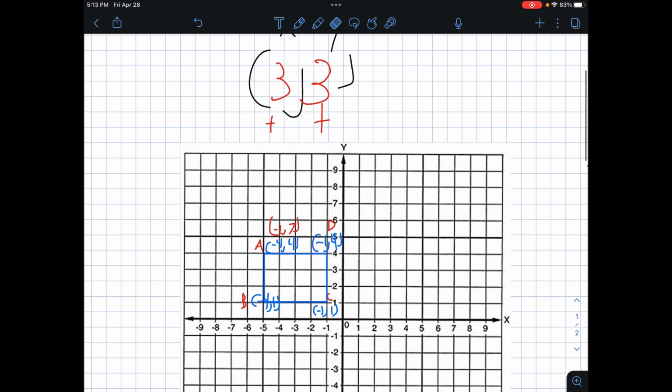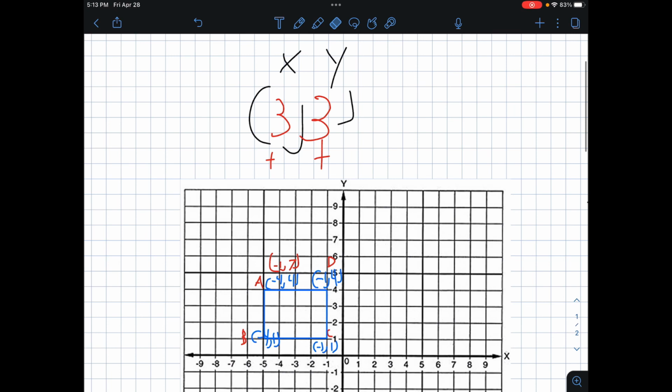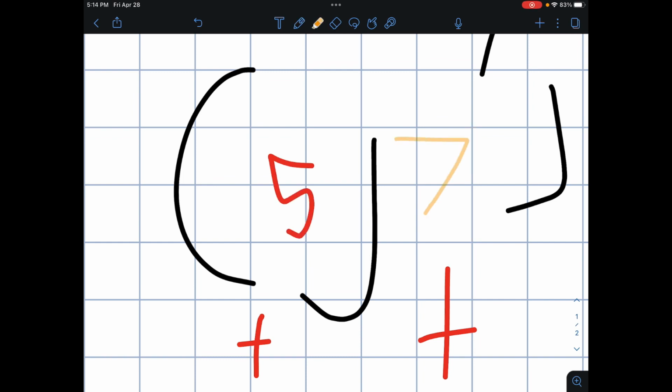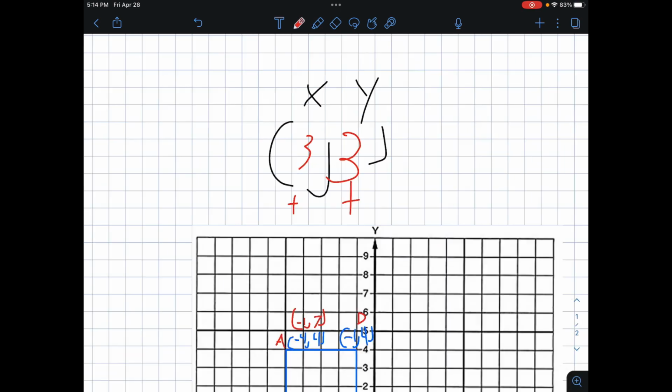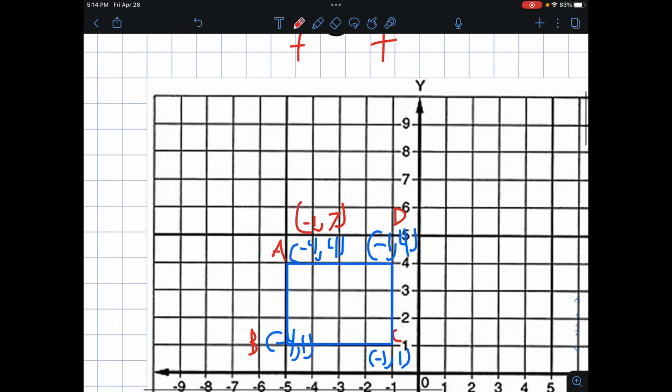So this would be -1, 7 after adding 3 to these. And these numbers aren't always the same. This could be 4, 5, this could be 7. I'm just using 3 as an example. So that's now -1, 7. Let's fill it in.